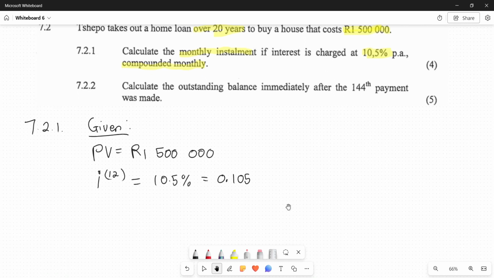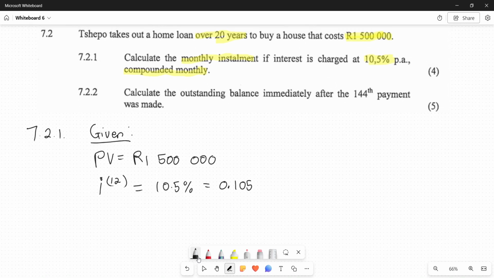And then we are also given the period for our loan: the number of years equals 20 years sharp.